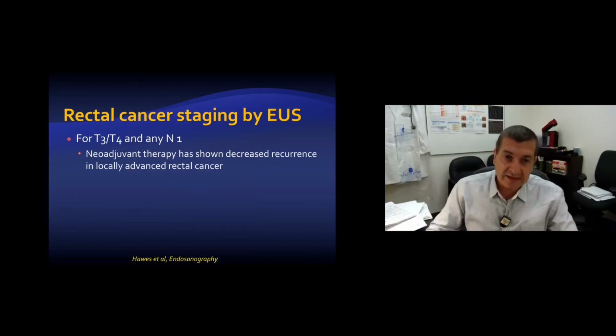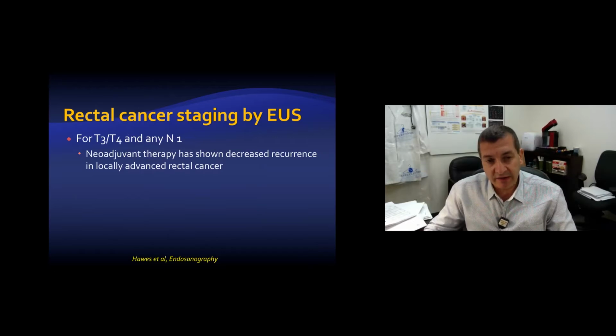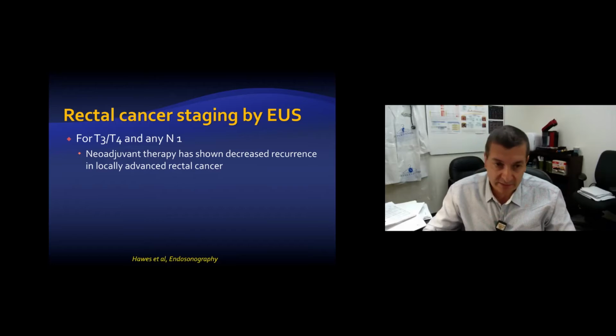Because if it is anything beyond a T1, T2 lesion, anything T3, T4, or N1 tumor, giving neoadjuvant therapy decreases the chance of recurrence of rectal cancer. So for those cancers, you want to give them neoadjuvant therapy if you prove that they are T3 or T4 or even N1, because again, the outcome is better.